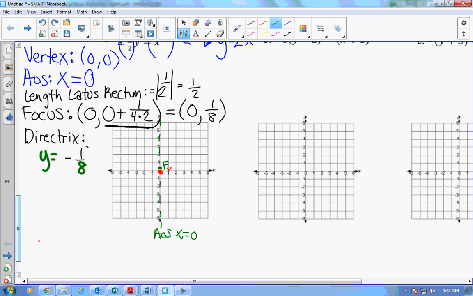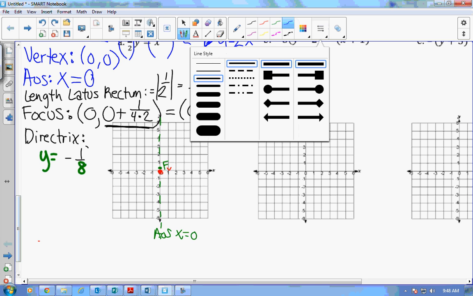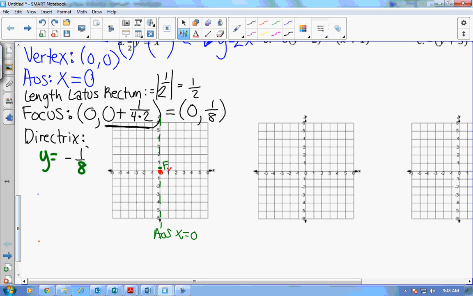So we slash through the y-axis at negative 1/8, which is just barely below the x-axis. This is the directrix, y equals negative 1/8.